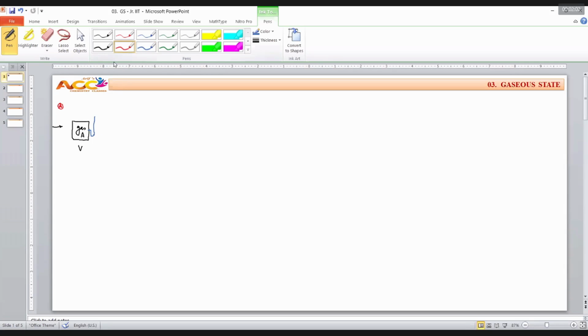Definitely there will be some reading because of this gas. I have taken an open-end manometer. Now, how do you tell it? Sir, I call it the pressure of gas A.